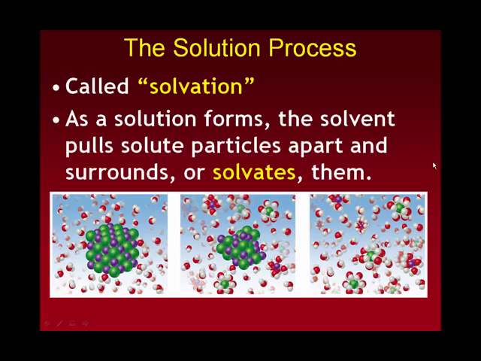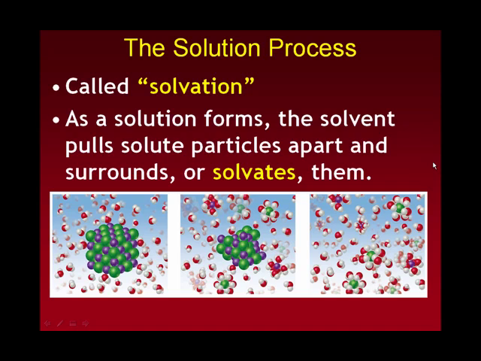All right, now making a solution is done through the process called solvation, and I think the tougher thing in this section is that there are a lot of words that sound the same. You have solution, solute, solvent, and solvation. And solvation is just the process of making a solution.